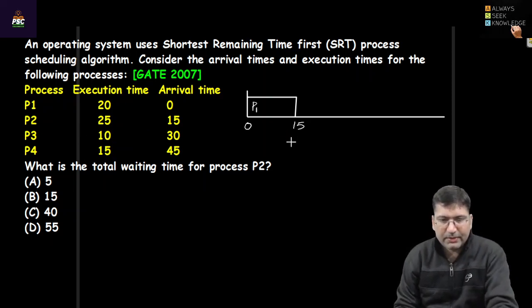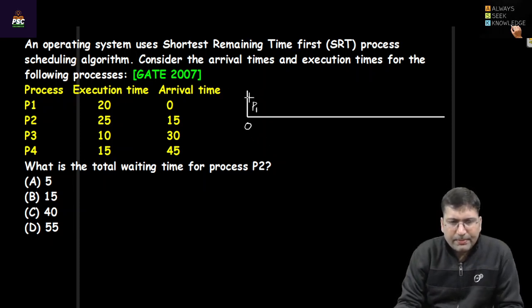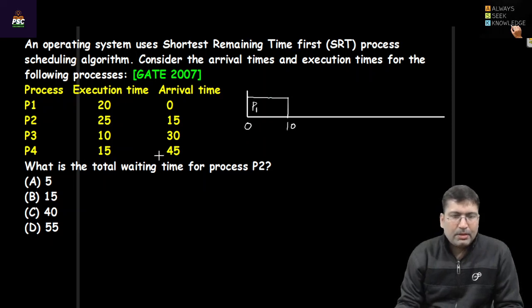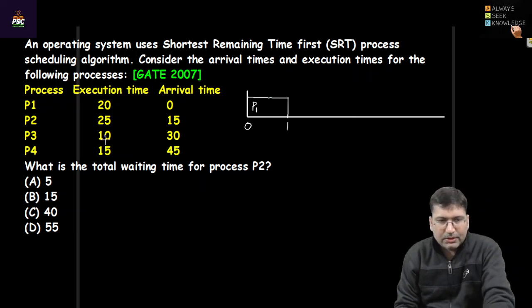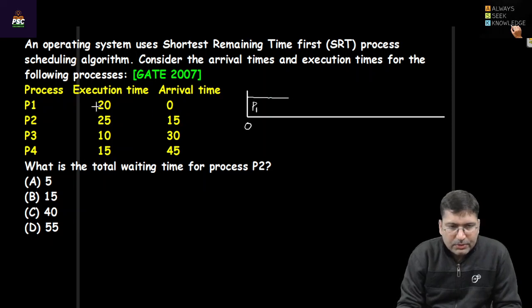So let's decide before that. So let's say P1 starts executing. P1 is executing till 10 smoothly. There is no interrupt. But at 10, I am assuming this is 10, P3 arrives. No, this is not the arrival time, guys. Arrival time is here, so don't get confused.